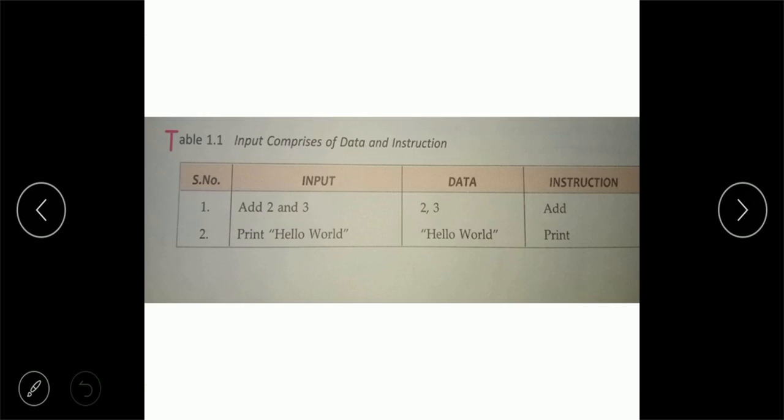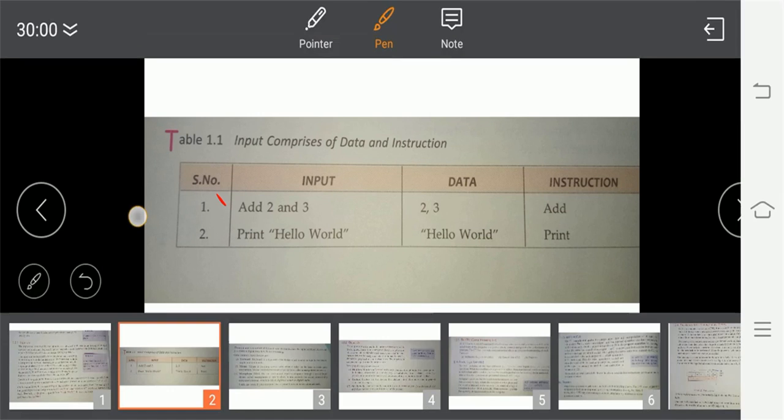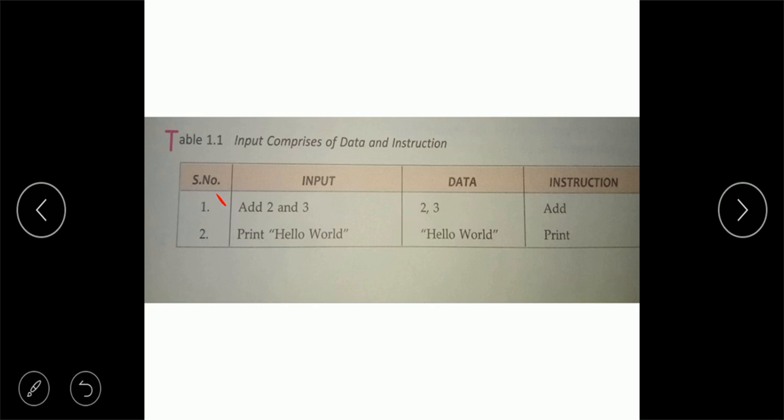When we give input, like add 2 and 3, here 2 and 3 are the data, and add is the instruction. In the same way, another example, print hello world. Here hello world is the data and print is the instruction. So every input we give to the computer consists of data and instruction. Instructions tell the computer what to do, and data gives the input for performing the operation.